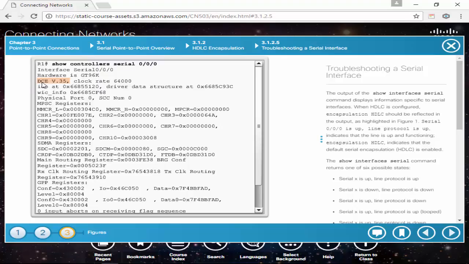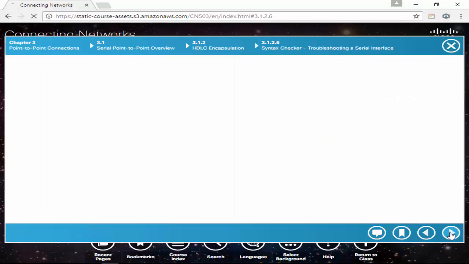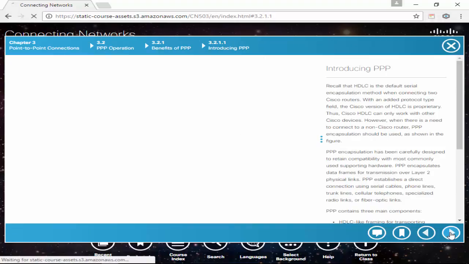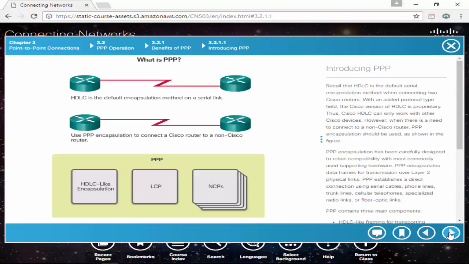But what we're looking for in the serials is, if we don't know whether an end is DCE or DTE, this tells us. Probably not a common thing, but it shows us our DCE, and remember the DCE sets the clock rate, and we can see that there as well. Syntax checker, you guys can go over that.